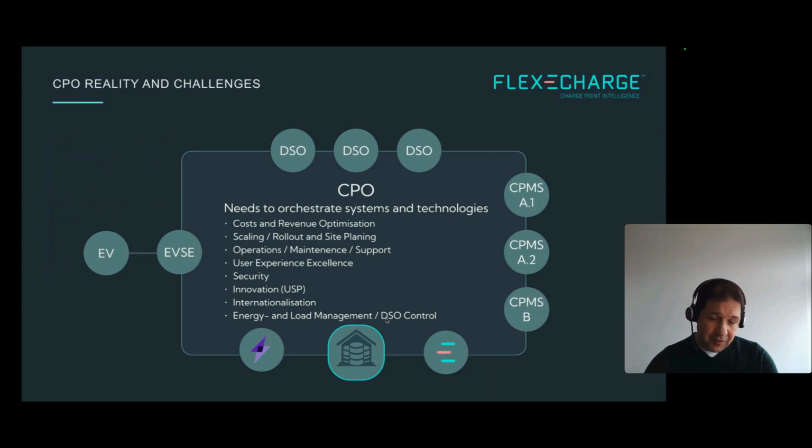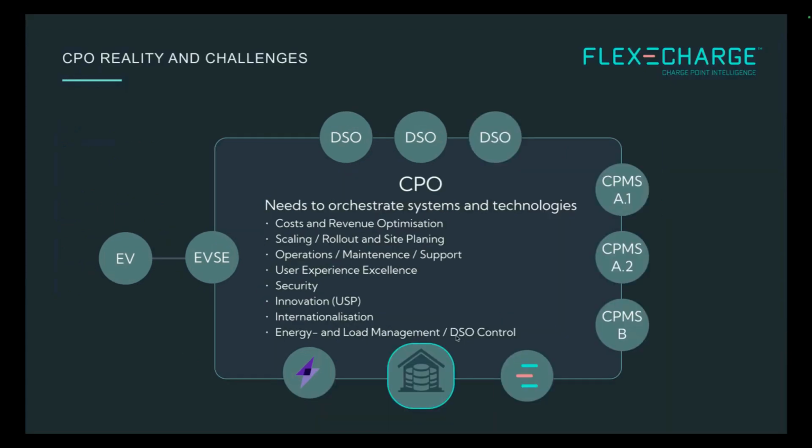And what we can see in the market now is that there has been a shift from the classical architecture, where we have the classic data flow from the EV to the charger, from the charger to the CPMS to the roaming partner, and the whole way back.